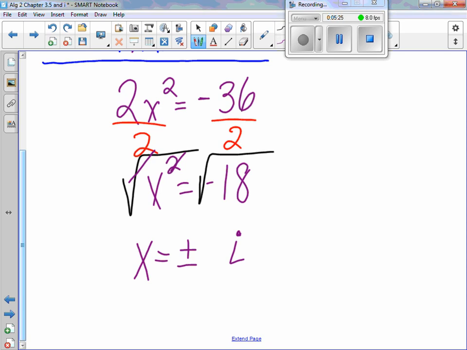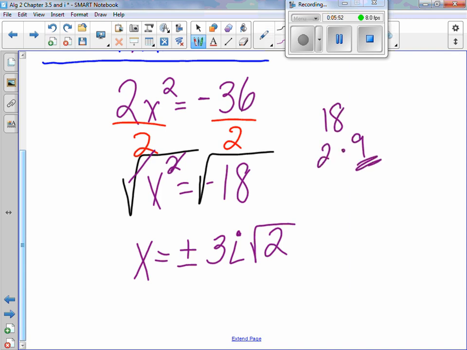Now, the square root of negative 18, well, I know the negative is going to come out as i. It's going to come out as i every single time. Now, for the square root of 18, we can plug this into the TI-30XS calculators over there, and it'll simplify it for us. And they will tell us that it's 3 square root of 2, because 18 is 2 times 9.